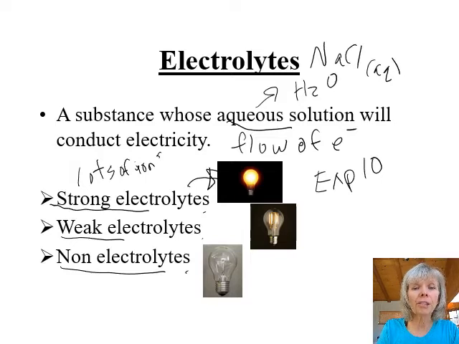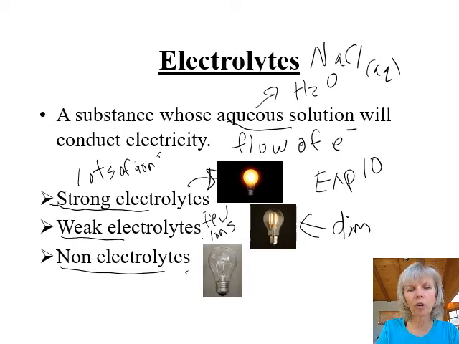Weak electrolytes have few ions present, so if you were testing the solution to see how much electricity you could produce, you would get a very dim light bulb. Non-electrolytes are substances that dissolve in water, but they don't form any ions, so there are no ions present. So we cannot conduct electricity with a non-electrolyte. We're going to look at each in more detail.